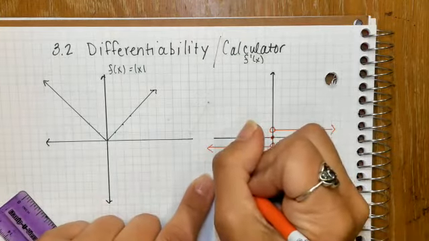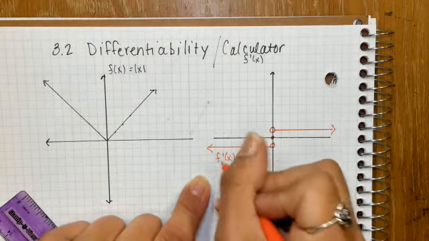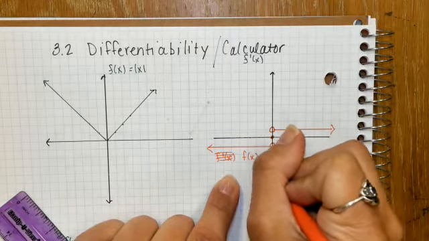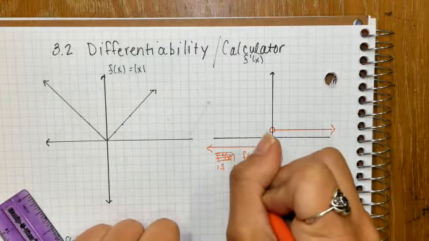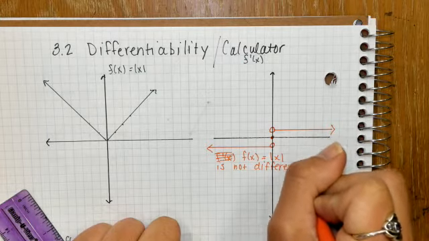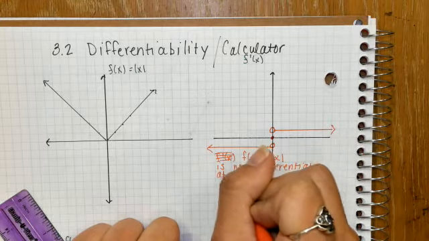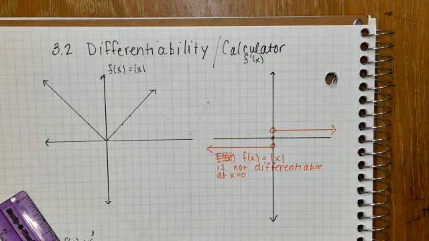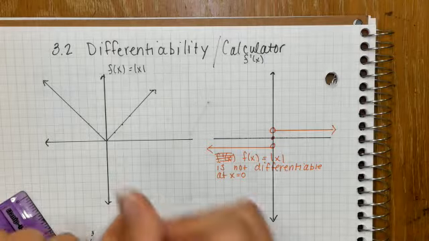So we say that the absolute value of x is not differentiable at x equals 0. Discontinuous, therefore not differentiable.